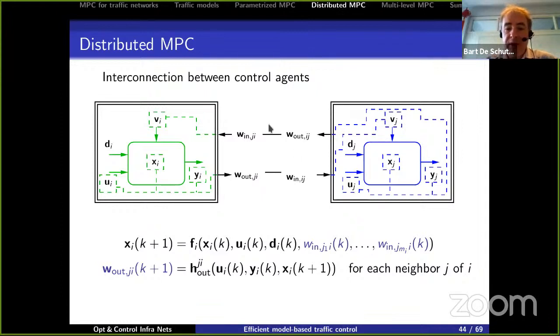In general, if we would equalize the input and the output, we would again get an overall control problem that is centralized. If we would cut the connection between the agents, we get decentralized, localized problems, but then we get a mismatch between the inflow and the outflow. So we need to find a way to match the inflow and the outflow without creating one joint optimization problem.